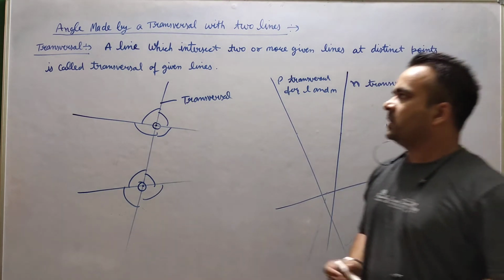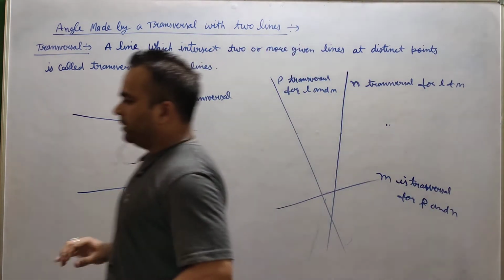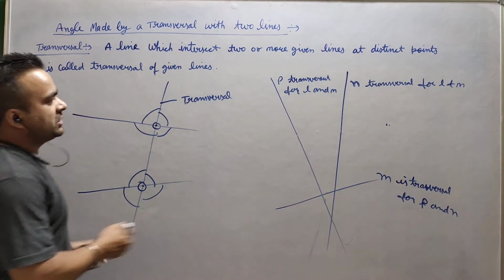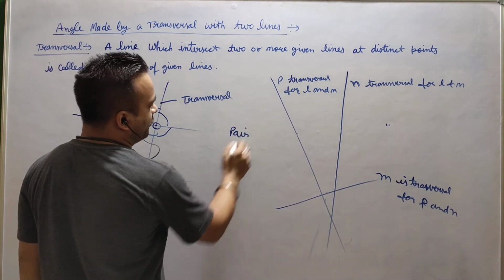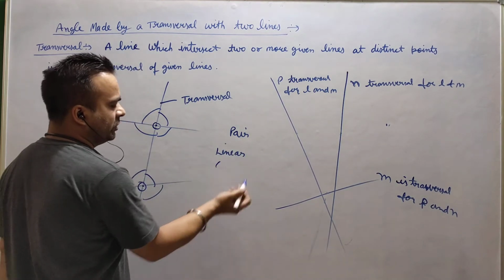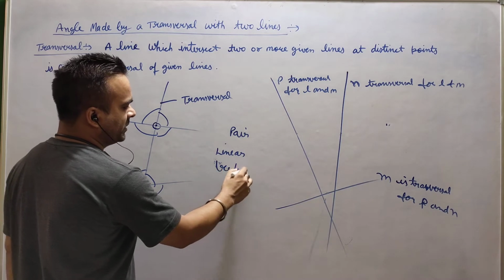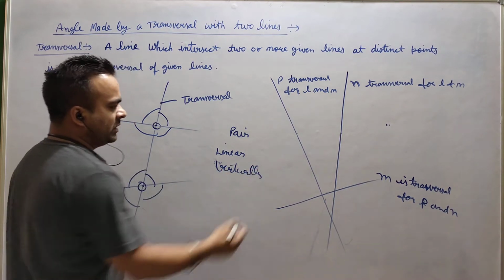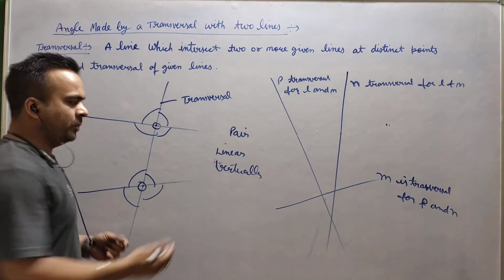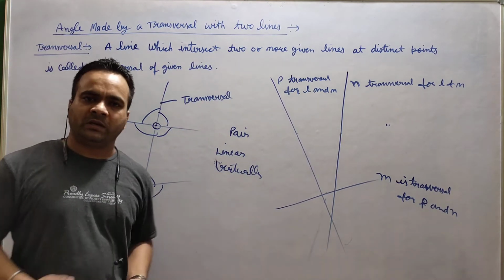This is the main important point. Now we will try to understand, because it is related to pairing, right? For example, you have discussed linear pairs and vertically opposite angles. What we were doing there was joining two angles, or grouping complementary angles and supplementary angles.